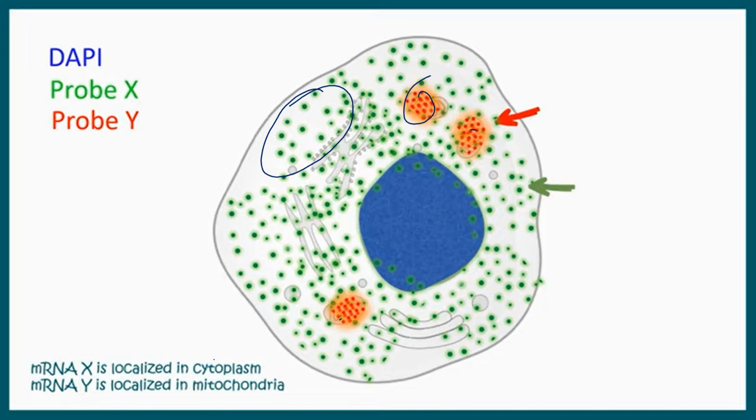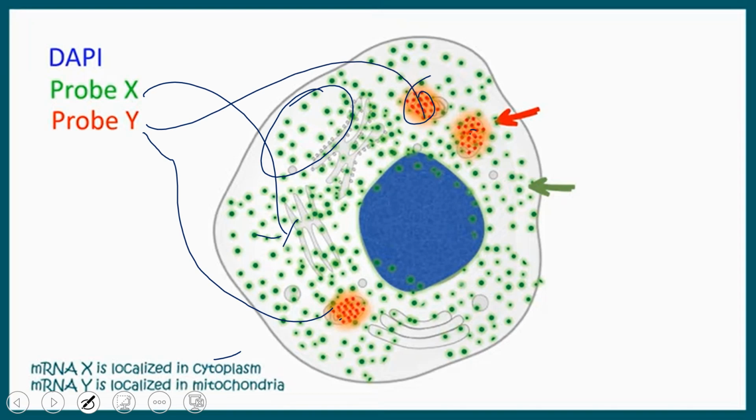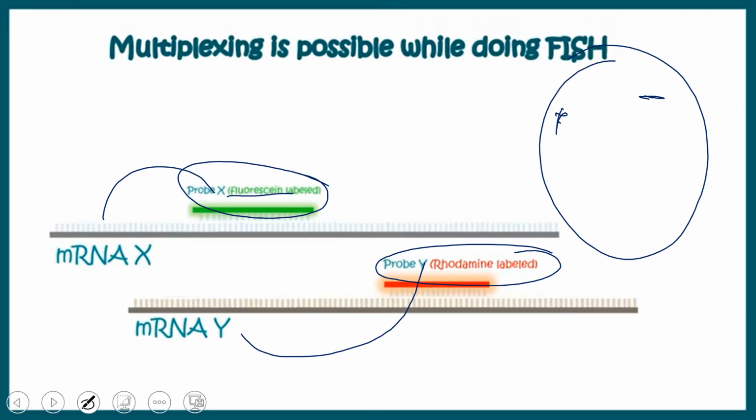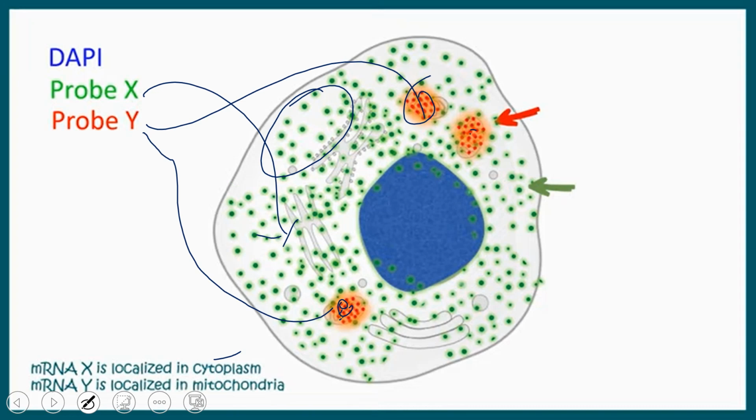mRNA X is located in the cytoplasm, so this probe will bind to the cytoplasmic mRNA, and if mRNA Y is present in the mitochondria, this Y probe will bind to the mitochondria. So a specific color, rhodamine color, will be given to the mitochondrial portions, and the fluorescent color will be visualized in the cytoplasmic RNA.